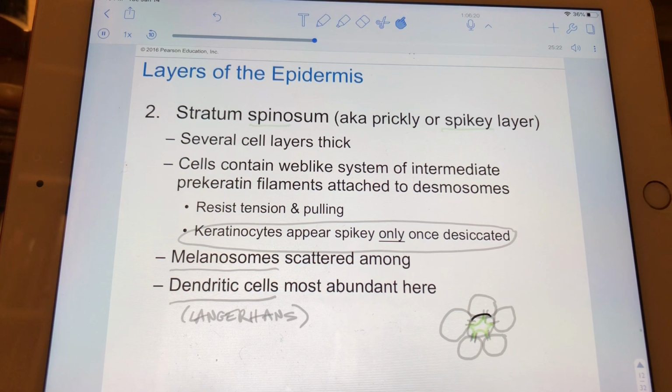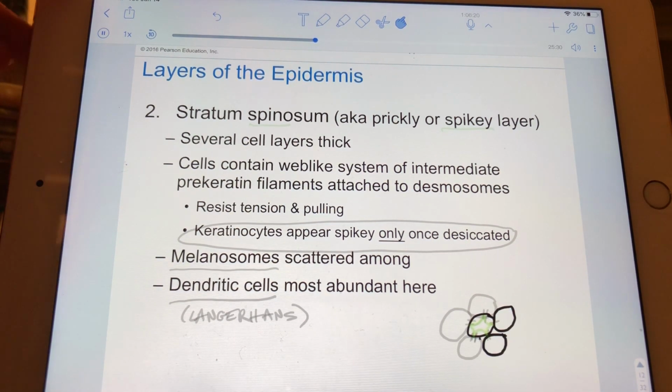In the living body, if we were to look at those keratinocytes neighboring each other in stratum spinosum, okay, we might be able to see, oh, okay, yeah, there are lots of intercellular junctions in place. And I'm really focusing just on this central keratinocyte, okay? This arrangement, these cells, they look nice and plump, okay?